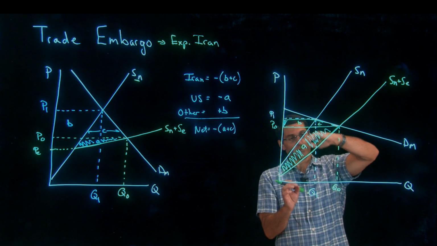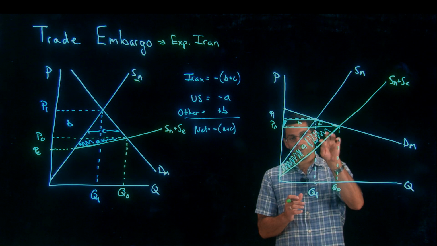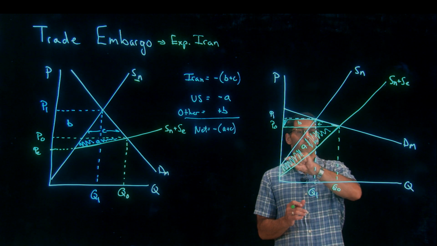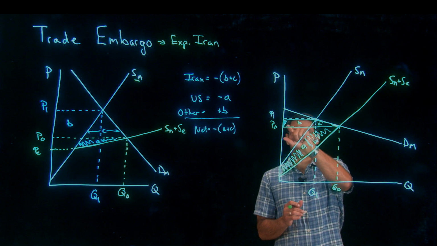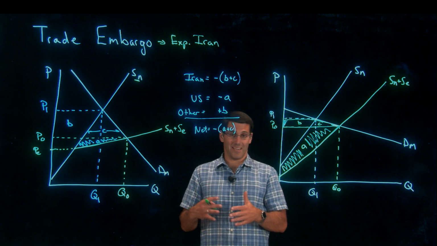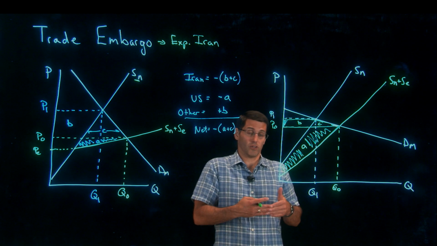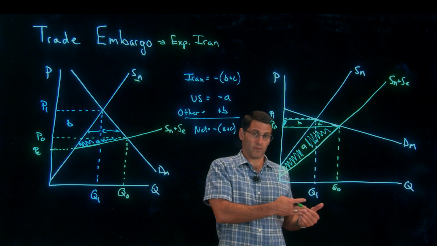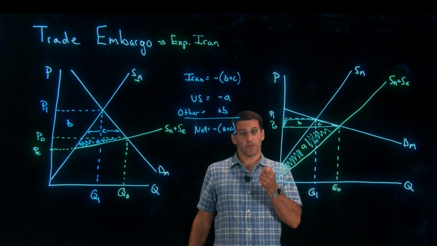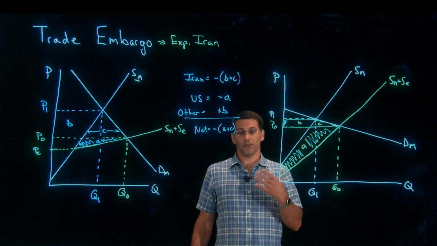So it's that difference there, up to the price that they would have received. So the loss to the U.S., that A here, is much, much larger than the loss to Iran. So this is a case where the embargo is actually inflicting much more economic damage on the country imposing the embargo than on the country that is having the embargo put into place against it. Okay? So this is one example of an economic reason why the embargo might fail.